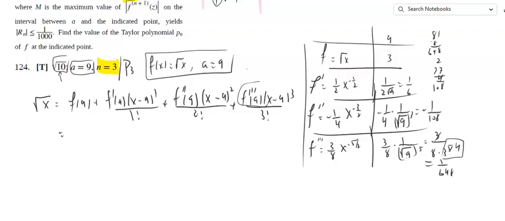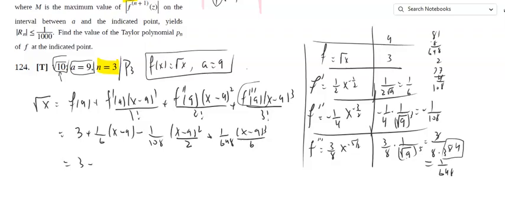So we know that it's f of 9, which is 3, plus 1 over 6 times x minus 9, minus 1 over 108 times x minus 9 squared over 2, plus 1 over 648 times x minus 9 cubed over 3 factorial, which is 6.